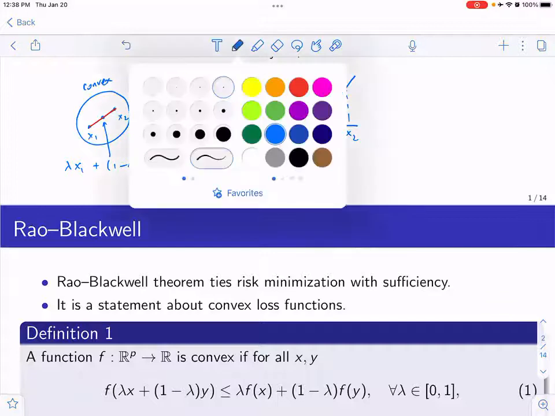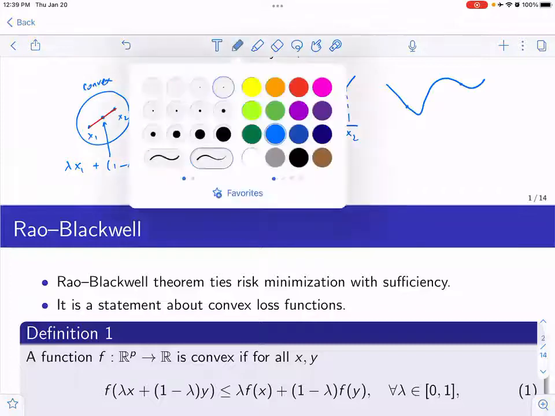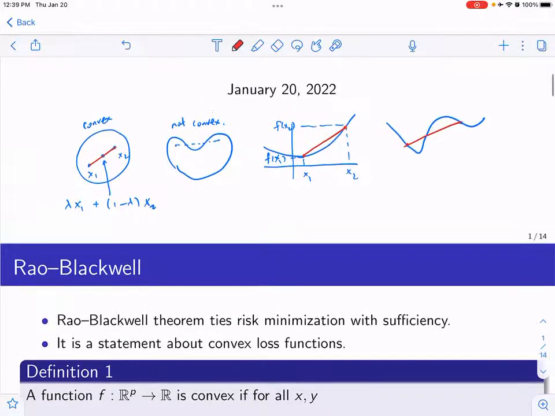If I connect these 2 points on the graph with a line, this line is entirely above the graph of the function between those 2 points. Okay, and something like this is not convex because you would see I'm going to cross, some part is above, some part is below. So this is convex, this is not convex.